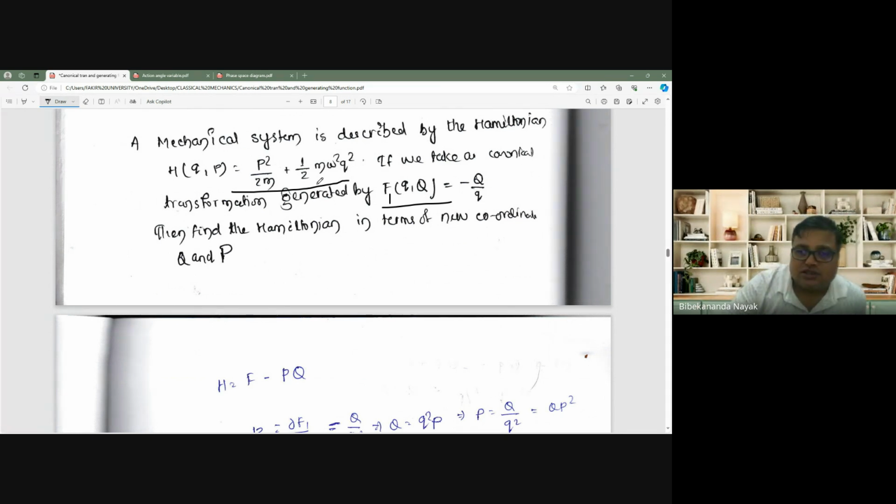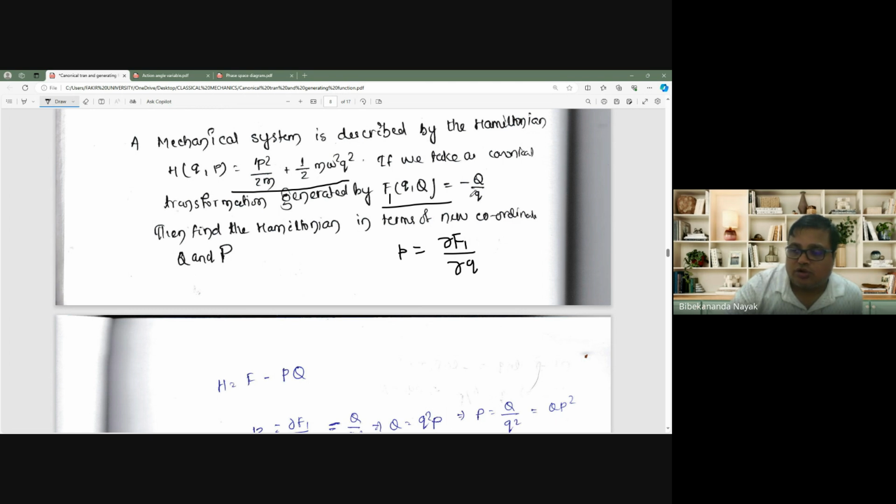The Hamiltonian is given as a function of small p and small q. We have to transform it in terms of capital Q and capital P. The generating function is given, so we want to know the other two variables. Small p by formula is equal to del f1 by del q.